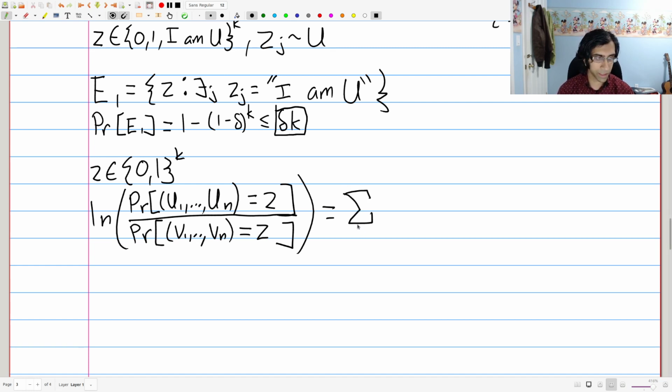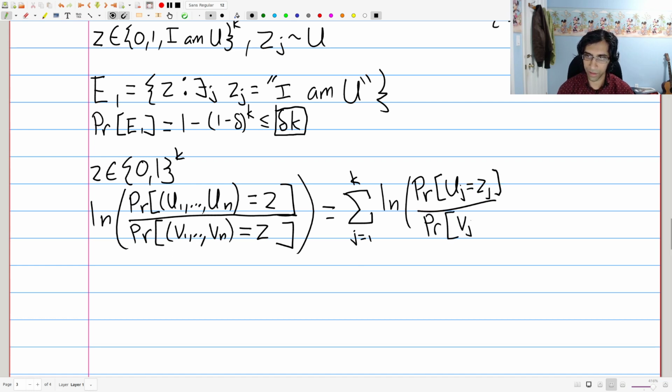So we get the summation from j equals 1 to k of ln of the probability that uj equals zj, divided by the same thing for vj.